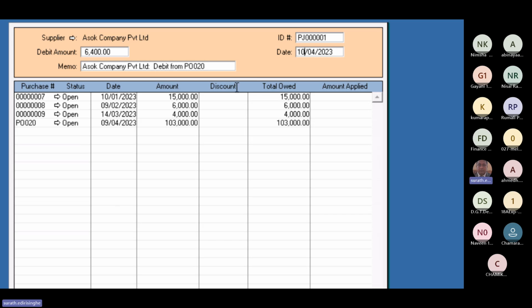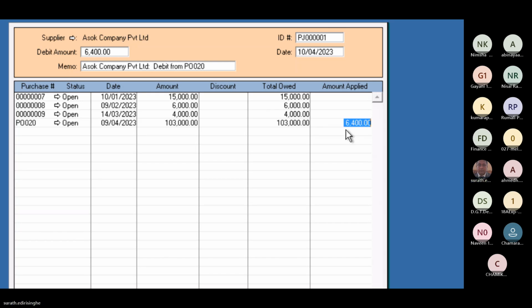Students, this is the transaction, 9th, 103,000. Single click in front of this amount. Now the system automatically identified the amount. Amount applied. This is return.